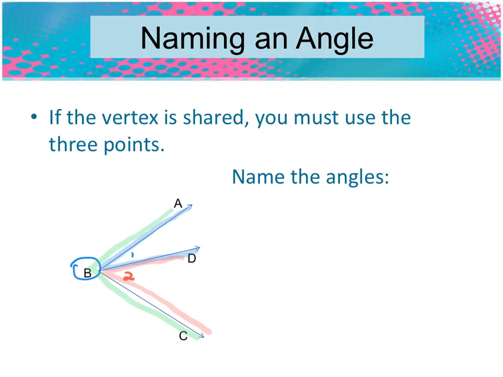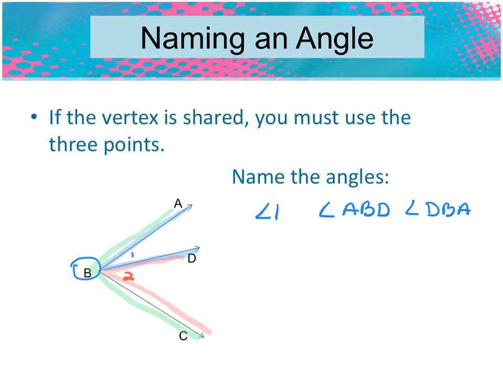So if it asks you to name some angles in this picture, the first one, the blue one, since I put a little 1 in there, I could call it angle 1. I could call it angle ABD. Remember, the vertex needs to be in the middle. I could also go in reverse and say it's angle DBA.